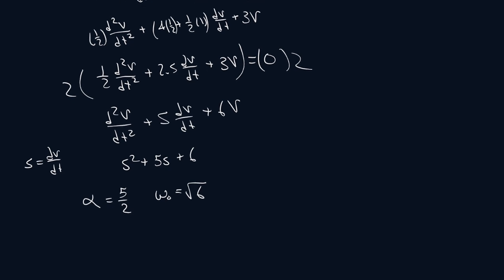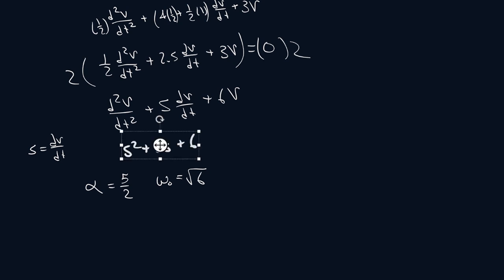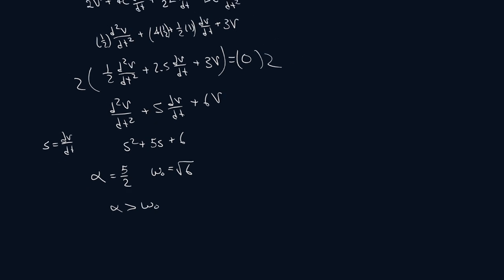So now we see that alpha is greater than omega. So we're going to use the following formula to find the transient voltage. So to find the S value, it's pretty much going to be using the quadratic formula for this, or we could just use the following formula.